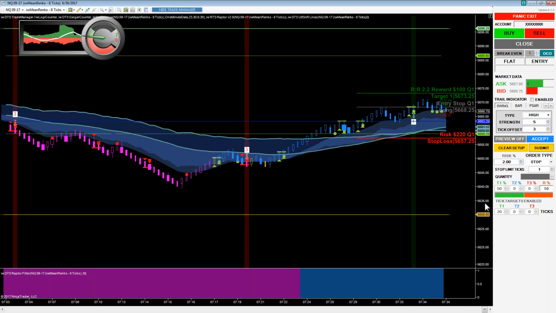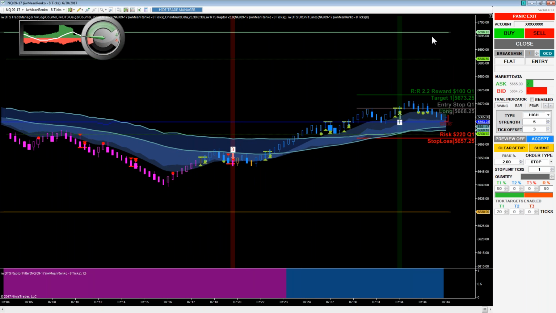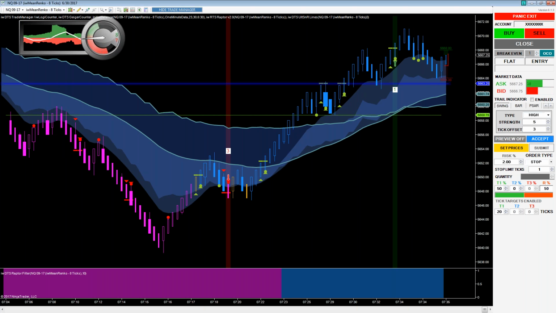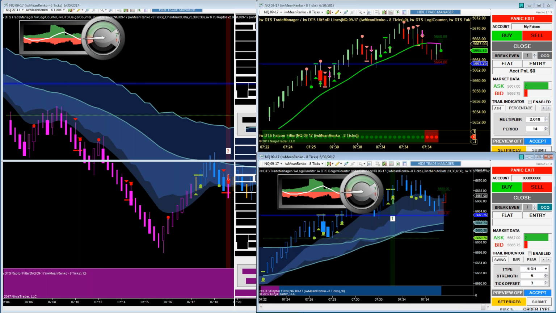Next resistance line, not here until 56.96 quarter. Put that on the shelf for now.